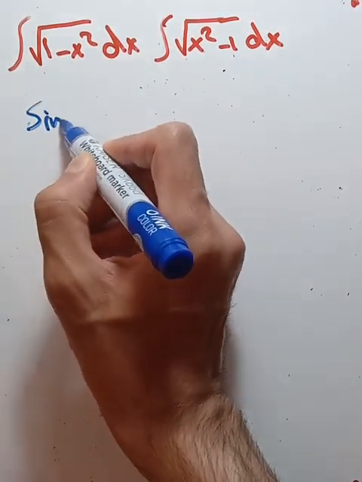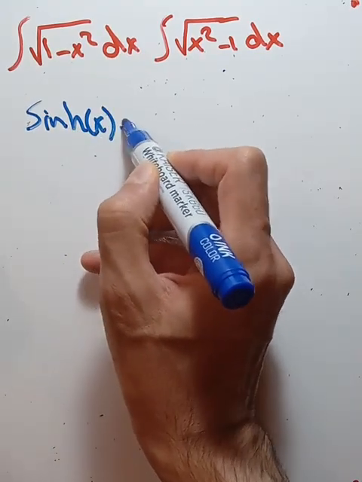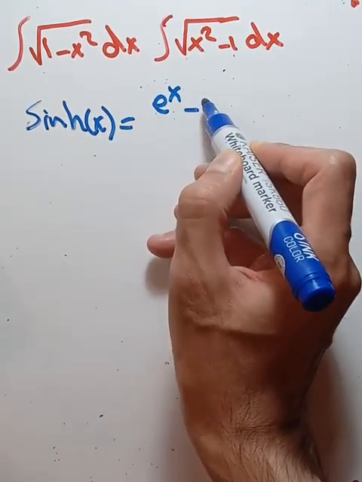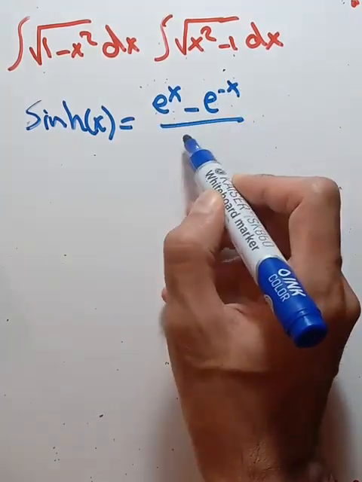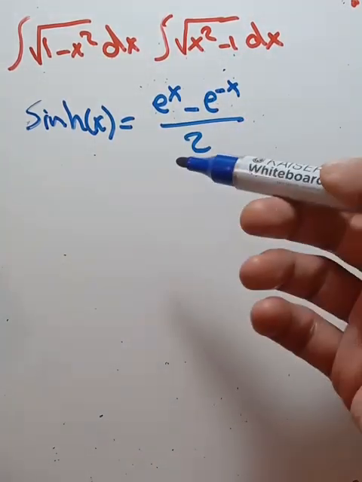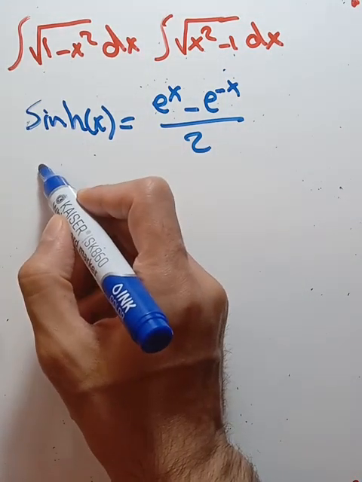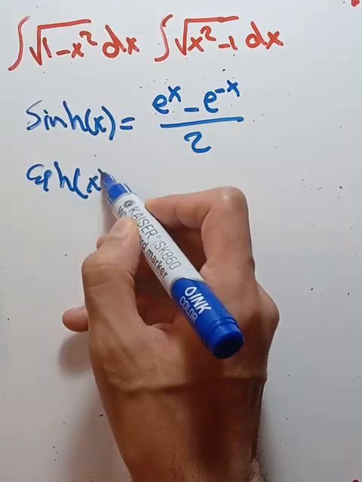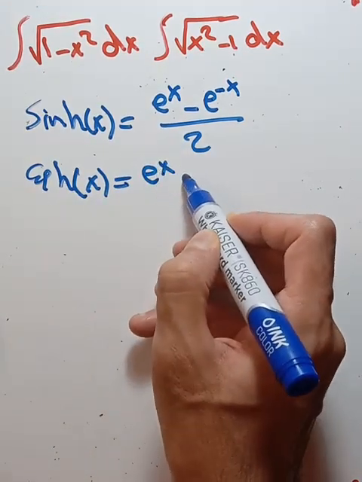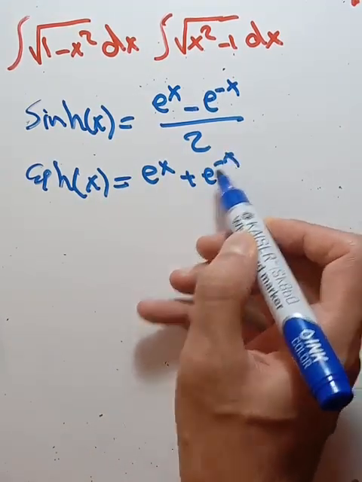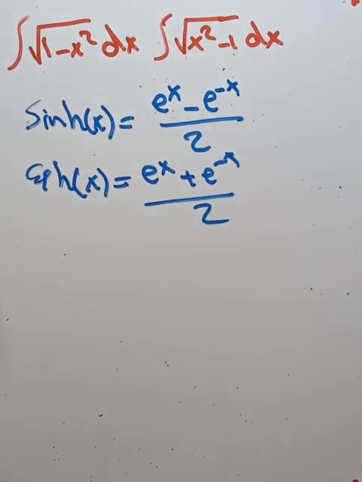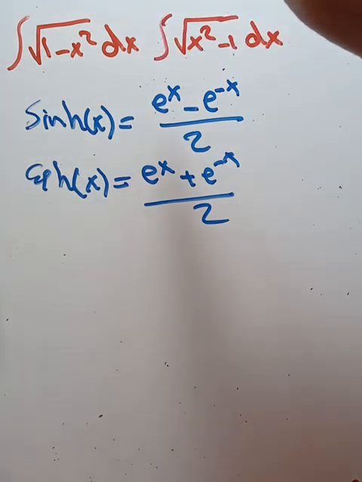Sine hyperbolic of x equals e to the x minus e to the minus x over 2, and e is the Napier number, and cosine hyperbolic of x equals e to the x, this time plus e to the minus x over 2. And you know, they are like sine and cosines.